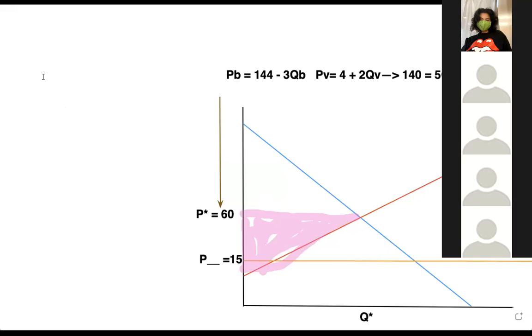But just as a quick review, the best way in this class to get producer surplus is an area.